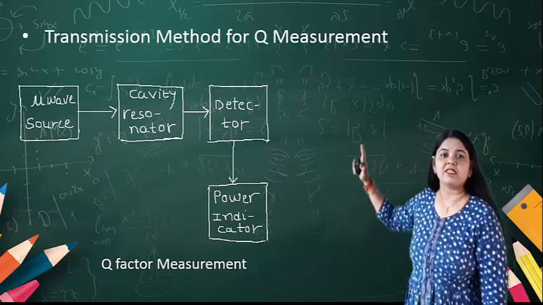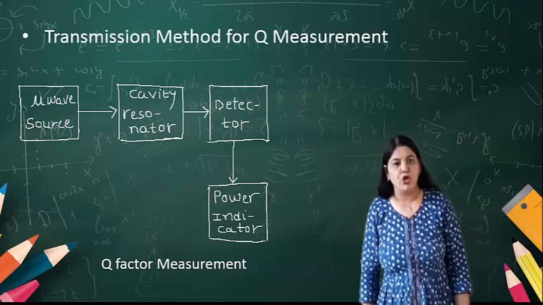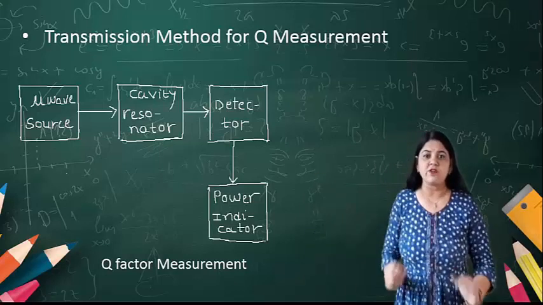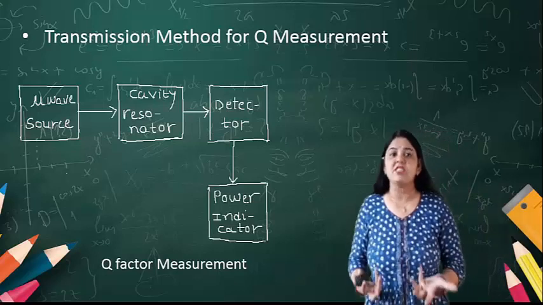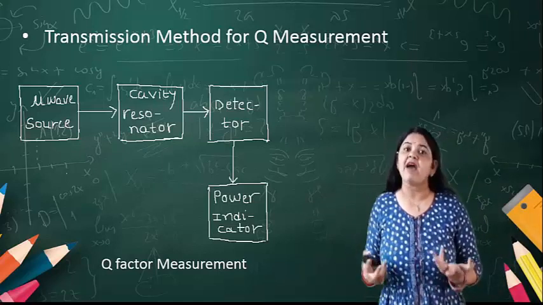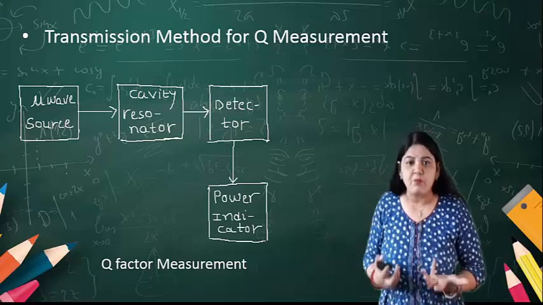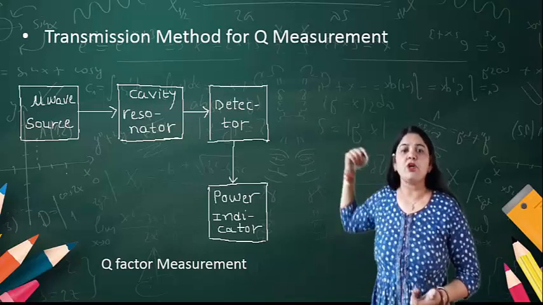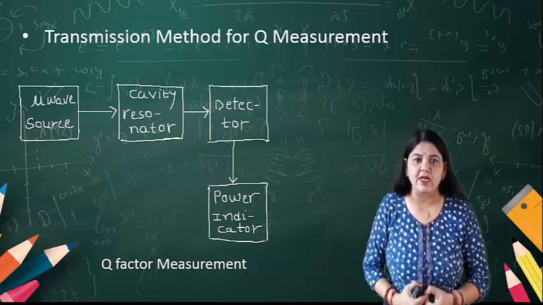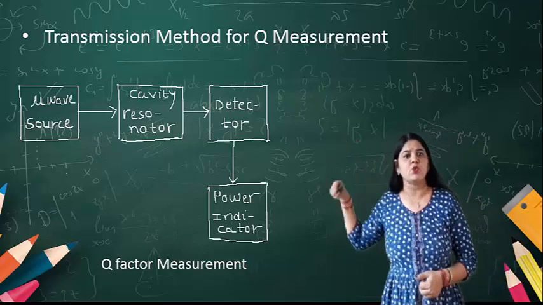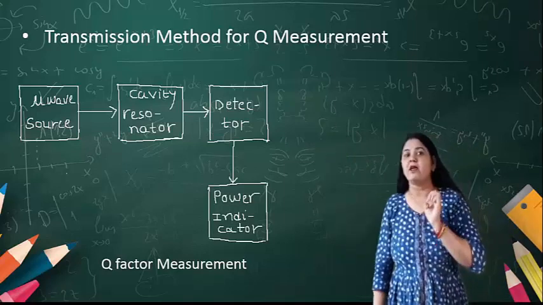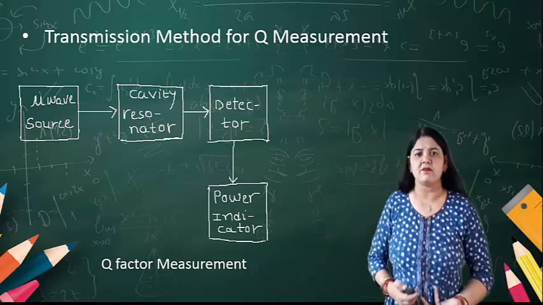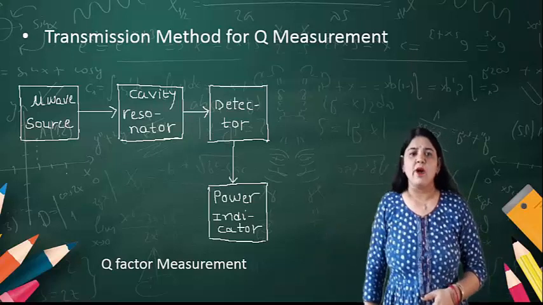First of all, the transmission method for the Q measurement. What can we do? The microwave source provides the high frequency signal. Here the cavity resonator is the important device to measure the Q value. Its output is given to the detector, which will detect the particular frequency, and the power indicator or measurement can be done over here.